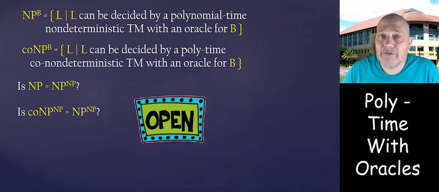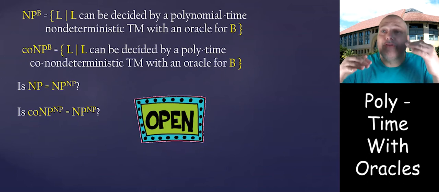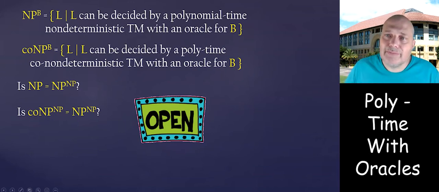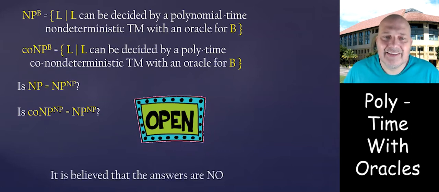Because, for example, if P equals NP, then all of these classes and the classes that we're going to define above them all collapse. This is what's known as the polynomial time hierarchy collapsing. Again, something that bothers complexity theorists and not the entire world, but still. So it is believed that the answer is no.